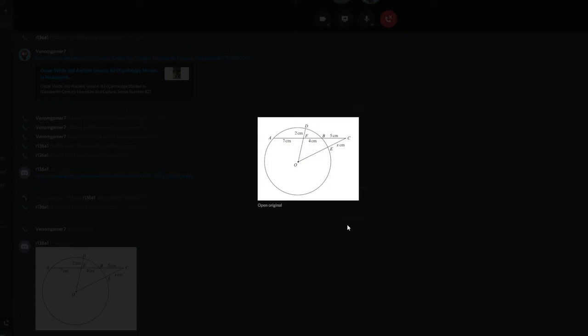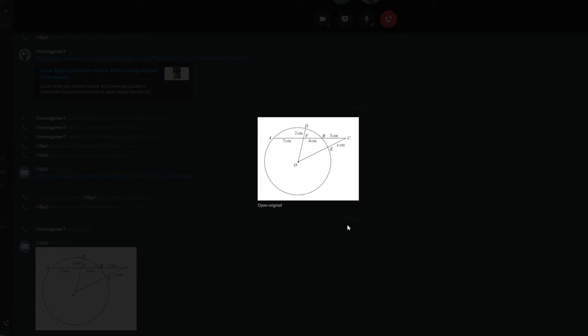Well, first you need the radius, and it doesn't tell you the radius. To find a radius... It doesn't give you the radius.